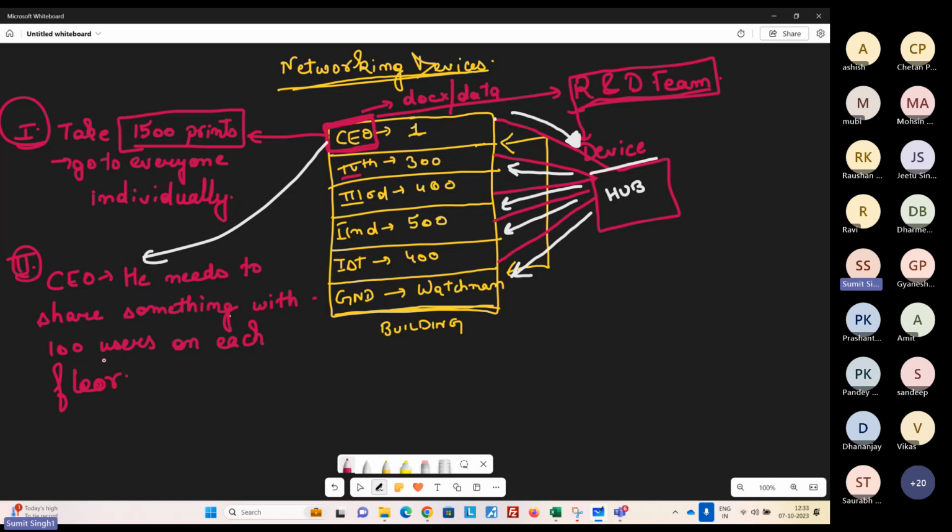So CEO needs to share this time with only 100 users. CEO doesn't want to share with all of them. Earlier what was happening, he was sending and all of the employees were receiving his traffic. But now CEO has something that needs to be shared only with a limited number of employees.